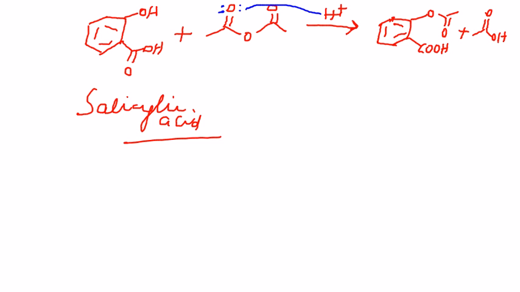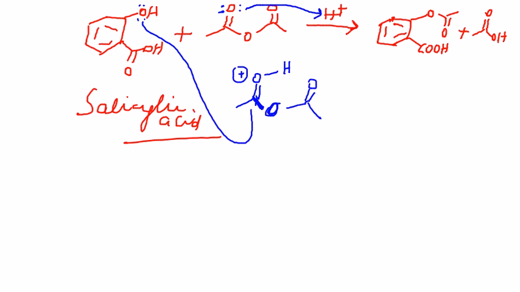Mechanistically, hopefully you can see first the activation of the anhydride is going to take place. So you're going to get oxygen with a positive charge. That makes this carbon even more electrophilic than what it is otherwise. And so your phenol is going to attack.